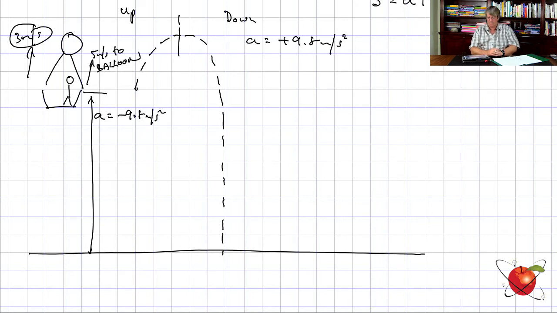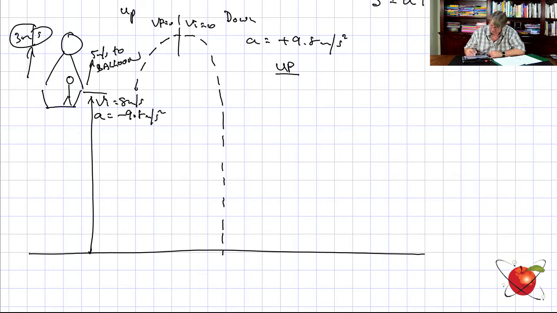Then V initial on the way up is equal to 8 meters per second, and V final is 0. V initial is 0 on the other side. Remember, I'm only looking at up and looking at down. Now, let's look at up. Let's say, how far up?